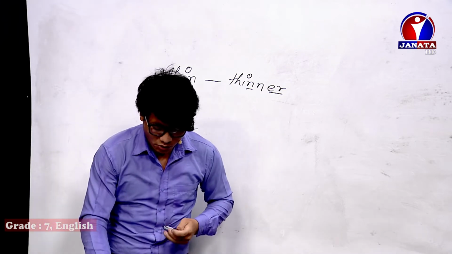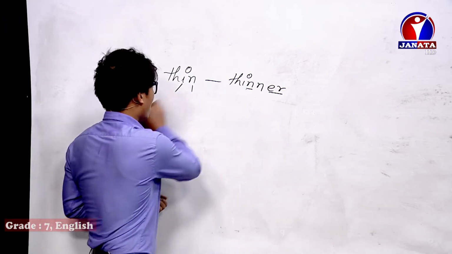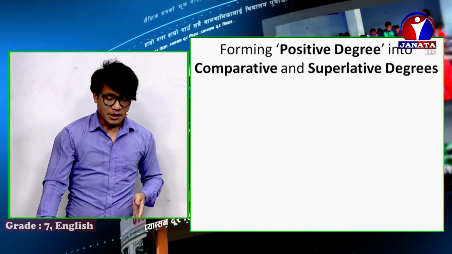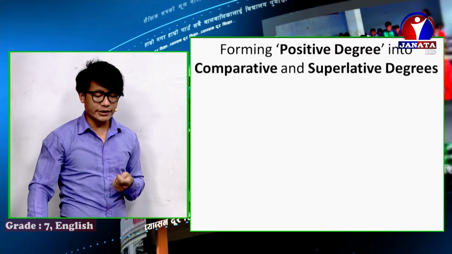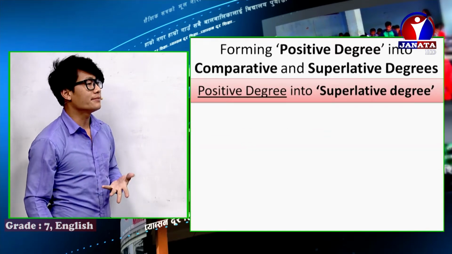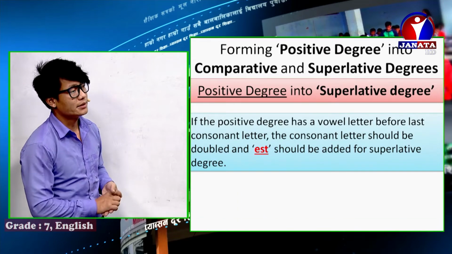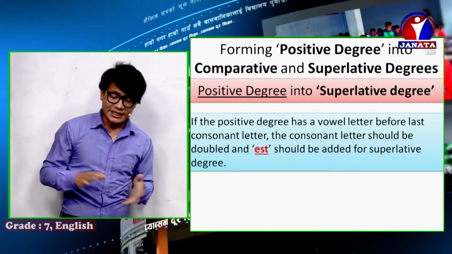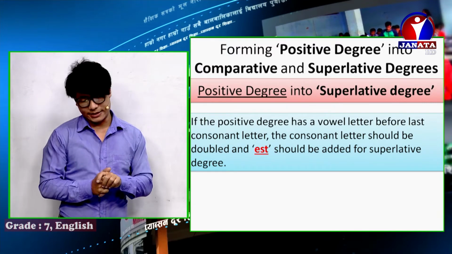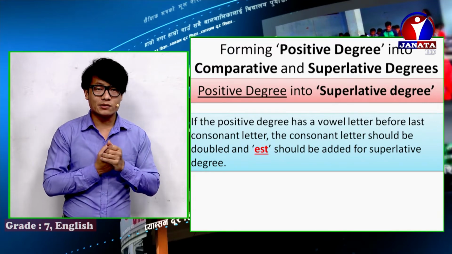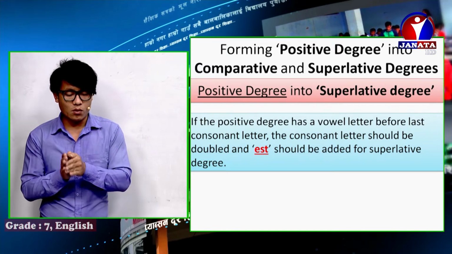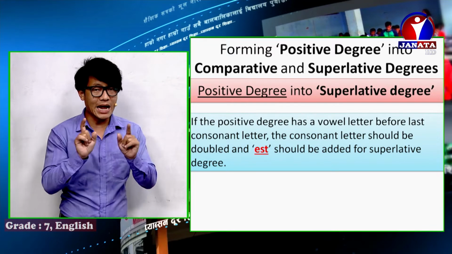Now let me show you more examples. Look at this side. Now forming positive degree into comparative and superlative degree, and this is the time of superlative degree. If the positive degree has a vowel letter before the last consonant letter, the consonant letter should be doubled and EST should be added for superlative degree. EST.